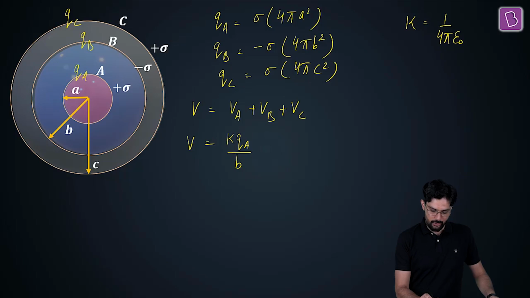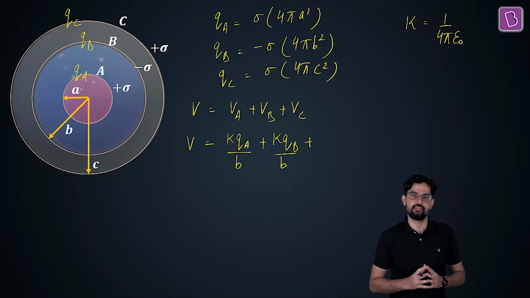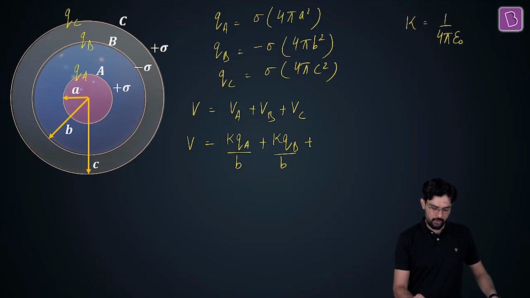Due to itself, first let's put it in terms of QB only. So plus KQB divided by B plus, and for the shell C, shell B is lying inside of it, right? So the contribution due to shell C is going to be KQC divided by C.